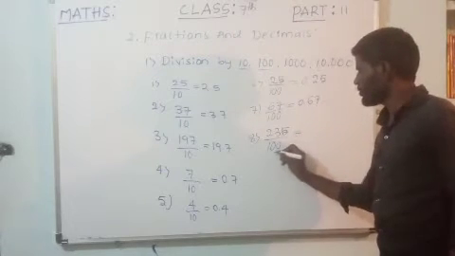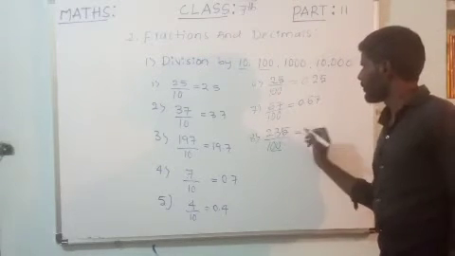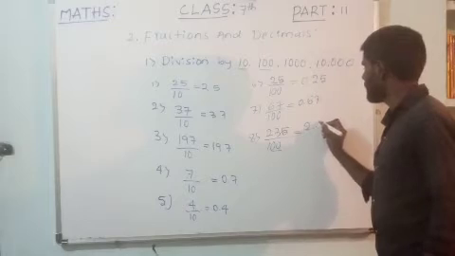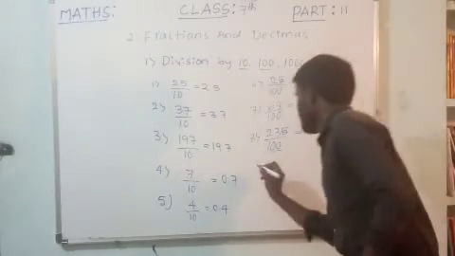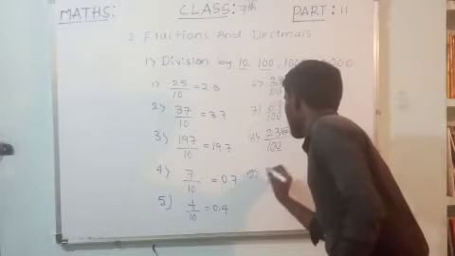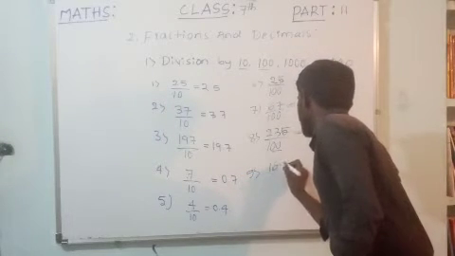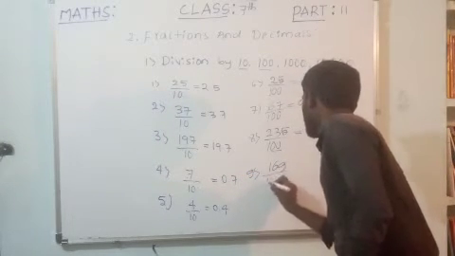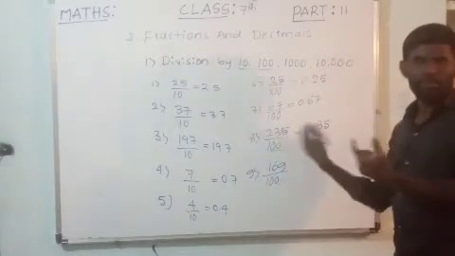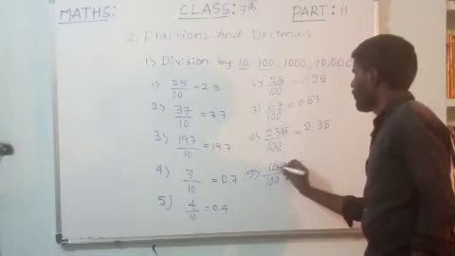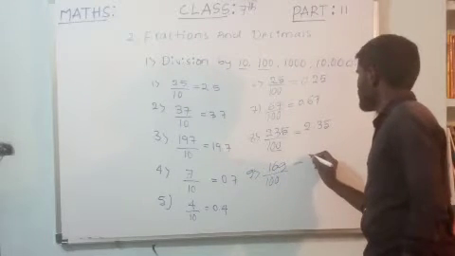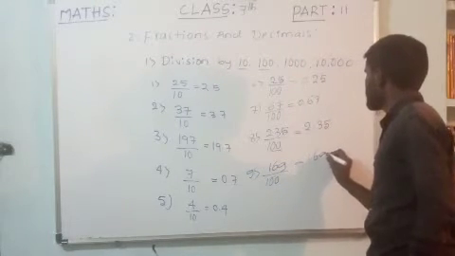Yes, here two zeros are there, 1, 2. Here the answer is 2.35. Example 9. 169 by 100. Very simply you can give the decimal point, 1, 2. That answer is 1.69.